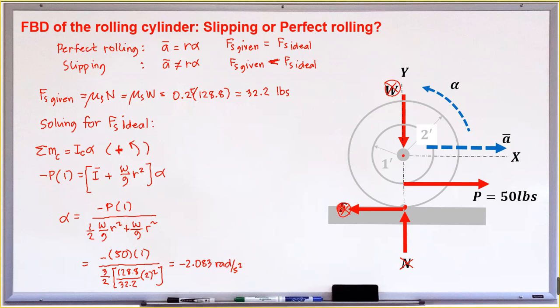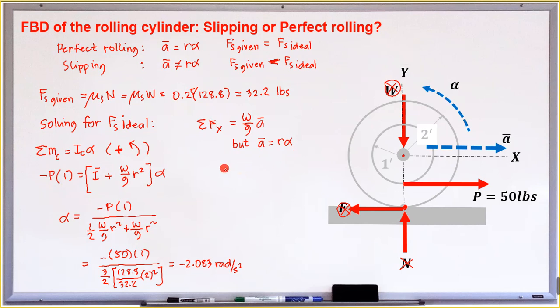Now to solve for F, we take summation of forces along the x-axis. So summation of forces along x is equal to the resultant force along x, so that is W/g times a bar. Now for perfect rolling, a bar is equal to r alpha.